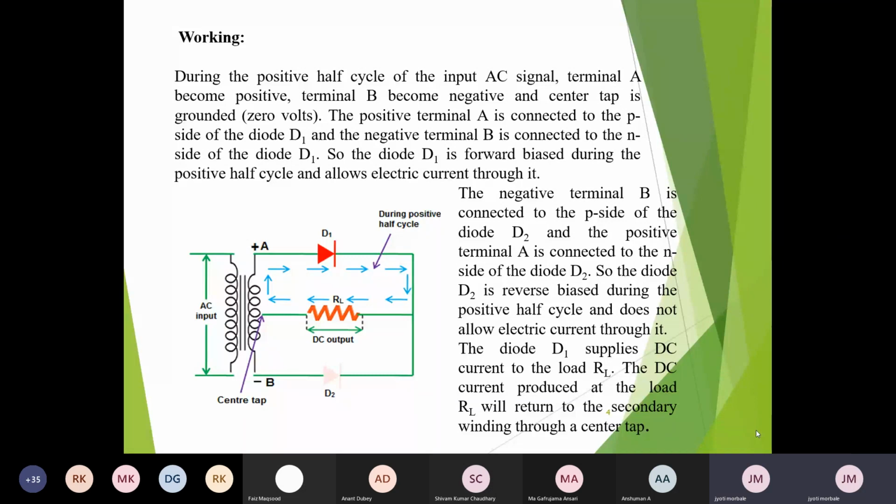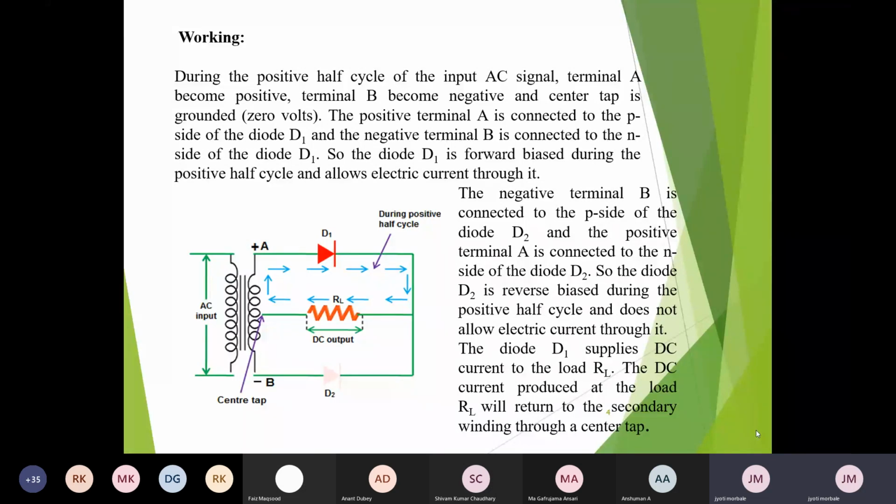Current will start flowing from the positive terminal A through the diode, as shown here with the blue color arrow, through the wires, and come back to the load resistor and the center tap connection. That means for the positive half cycle, diode D1 is in a conducting, on state.